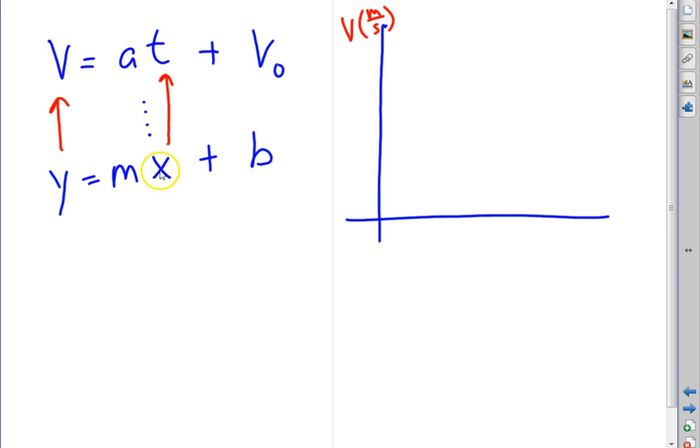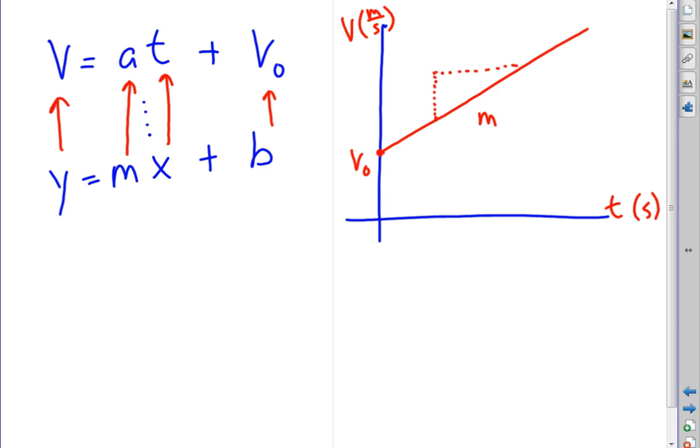The horizontal axis, which is normally x, is now t, so we'll put the units there, seconds. The y-intercept b is our v naught, and I'm just going to put a nice constant line there. It could go that way, with less slope or negative or whatever, who cares.